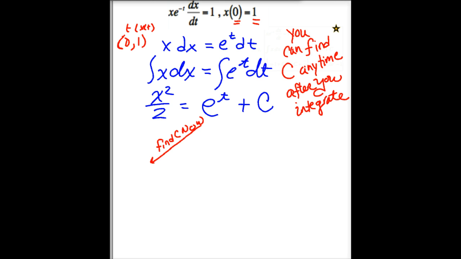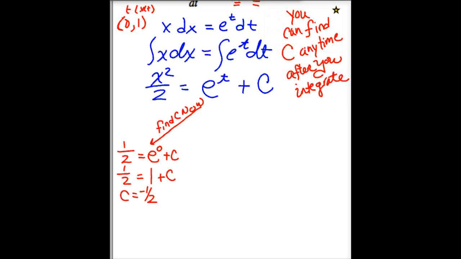So if I were to do that, I would put a 1 in for x, and then over here, I'd get e to the 0 plus c. And I'd get 1/2 equaling 1 plus c. And what that's going to do is give me c of a negative 1/2. And then I'd move along and continue.